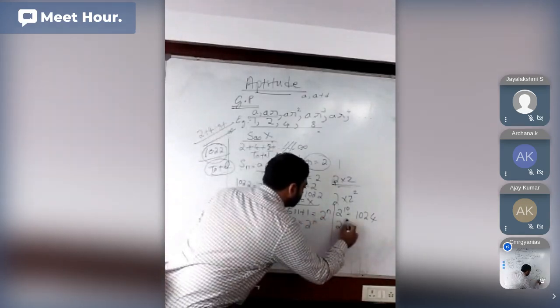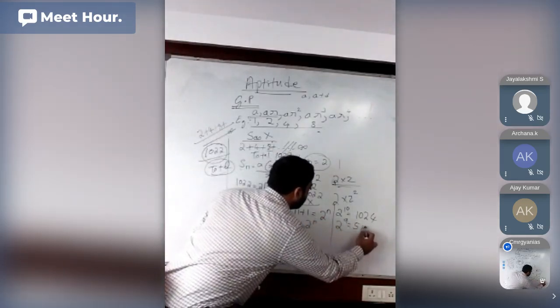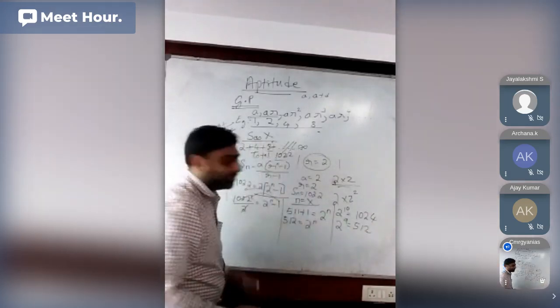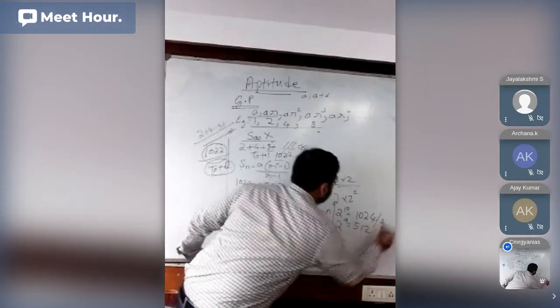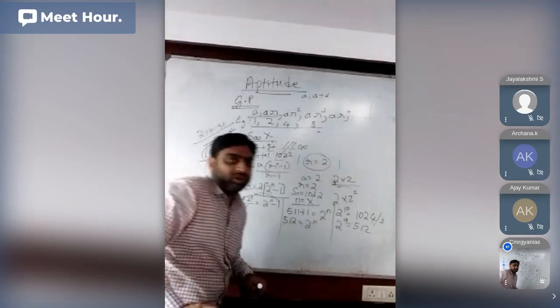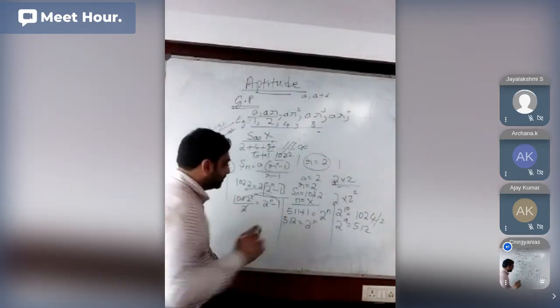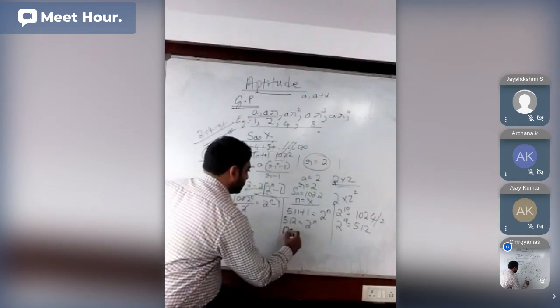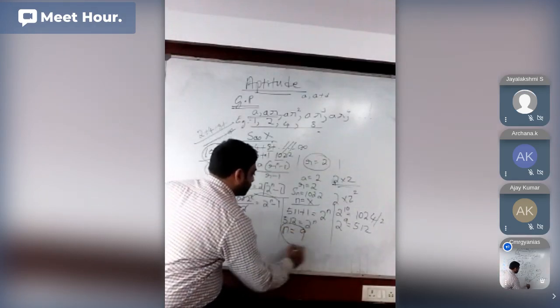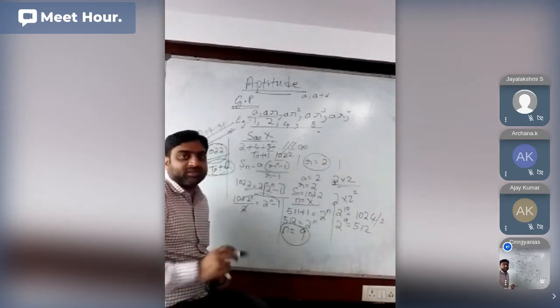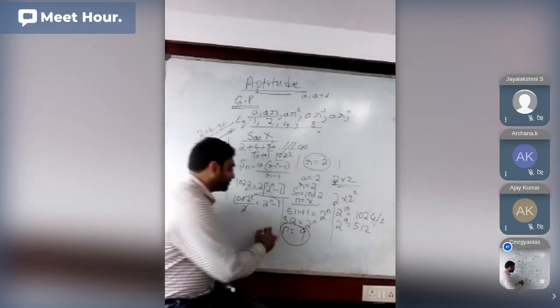So that means 2 raised to the power 9 is 512. So therefore, n is equal to 9. That is the answer.